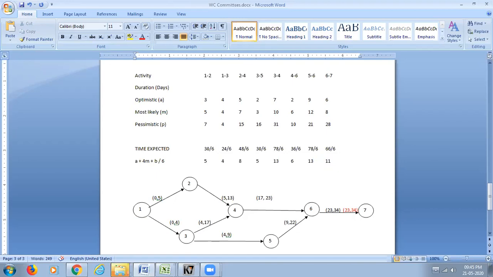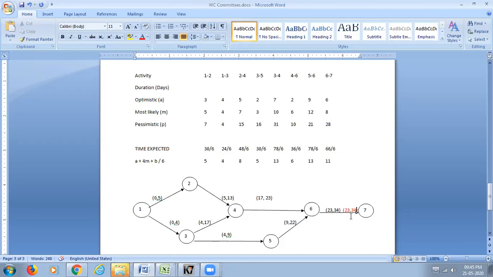So in this way, we found out the backward timing. The 34 is the project completion time, so that is taken first. With this 34, I have subtracted the time expected for 6 to 7, which is 11, which means 23.